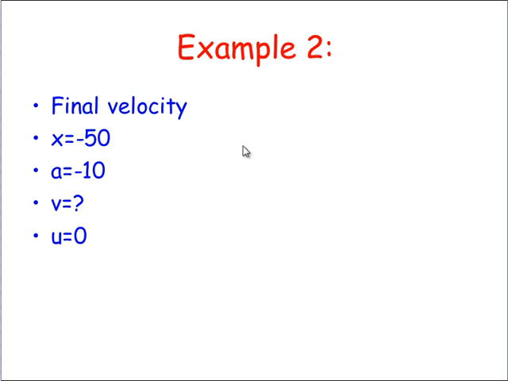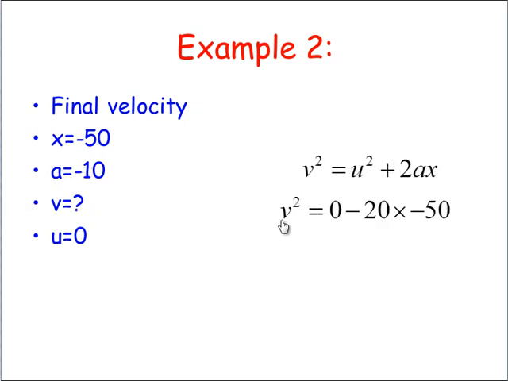It's going to fall past the man at 20 meters, down to the sea at 50 meters below that starting point, hence the negative 50. a is still negative 10, we're after v. So same equation, v squared equals u squared plus 2ax. Substituting in, v squared equals negative 20 times negative 50, or negative 1000. So v, if we take the square root, is 31.6 meters per second down.